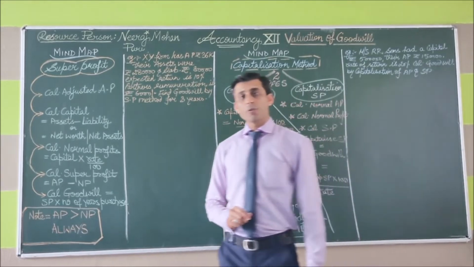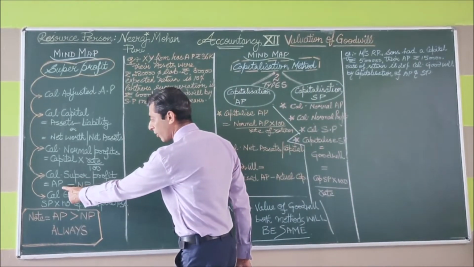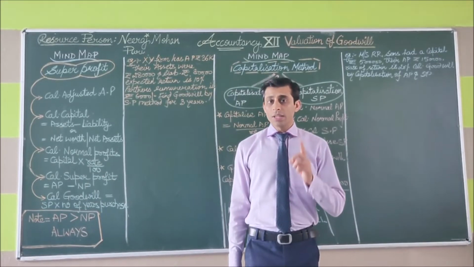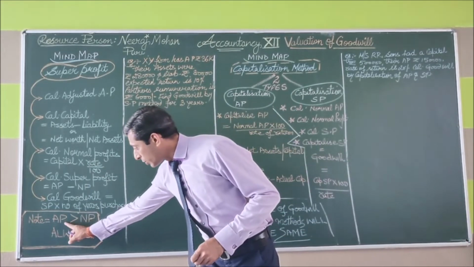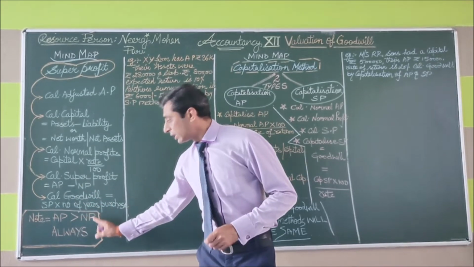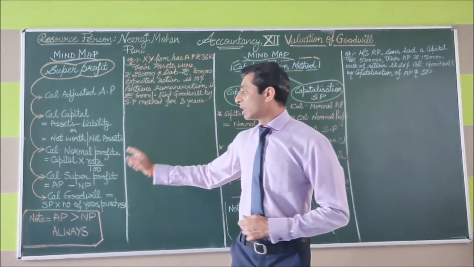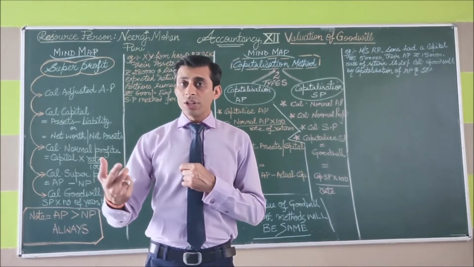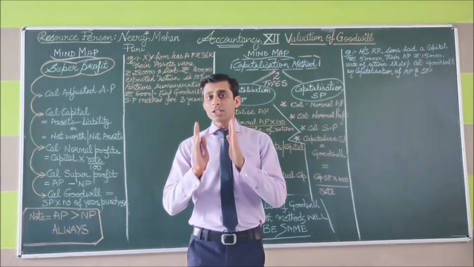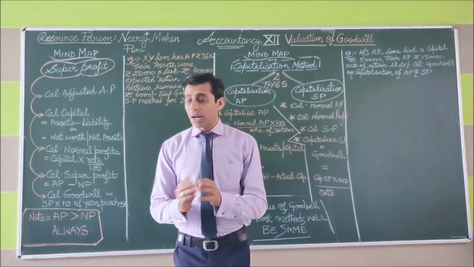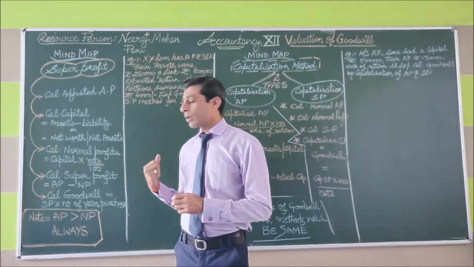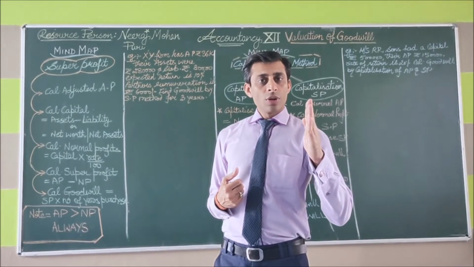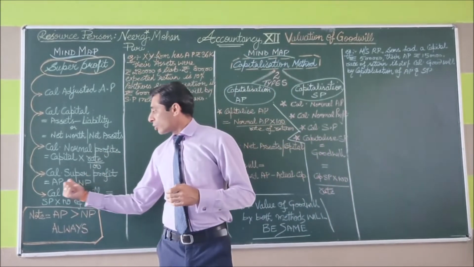Next step is calculation of super profits. Super profit is always the difference between average profit minus normal profit. Keep in mind that average profit should always be greater than normal profit, only then the super profit would arise. As in the example I quoted, your expectation was 85%, that is indirectly your normal profit, whereas the actual percentage score is 90, that is our actual profit.